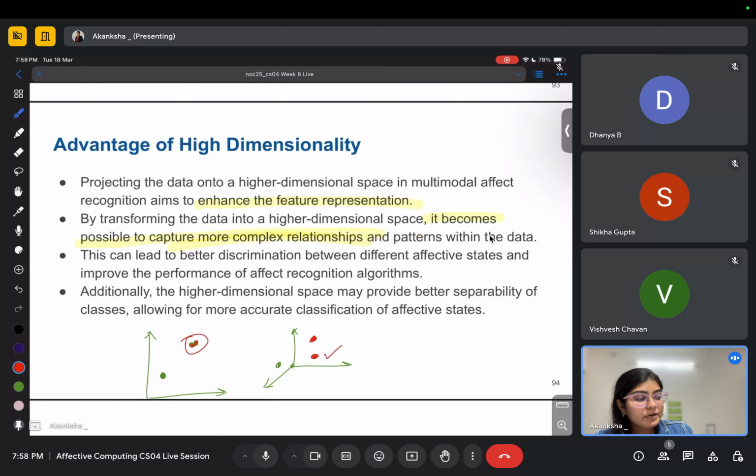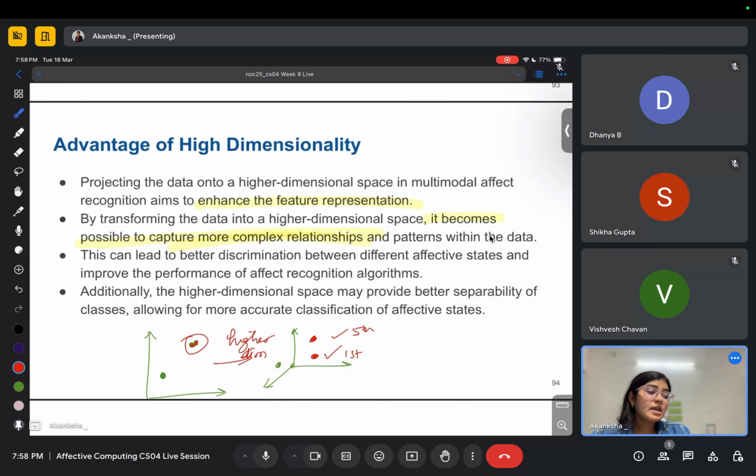Maybe one person is on the first floor and the other is on the fifth floor, but from the top the location is the same. So how did I get to know the difference? I projected into a higher dimensional space.